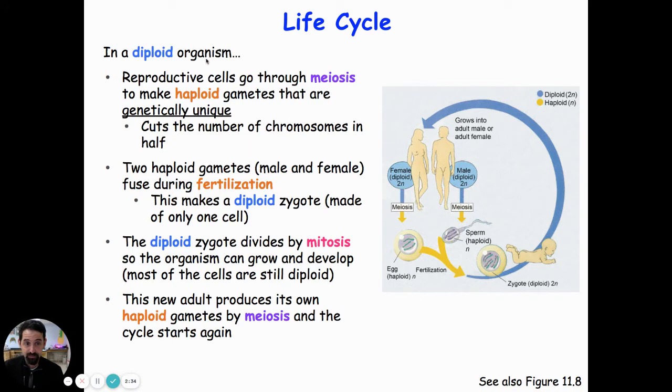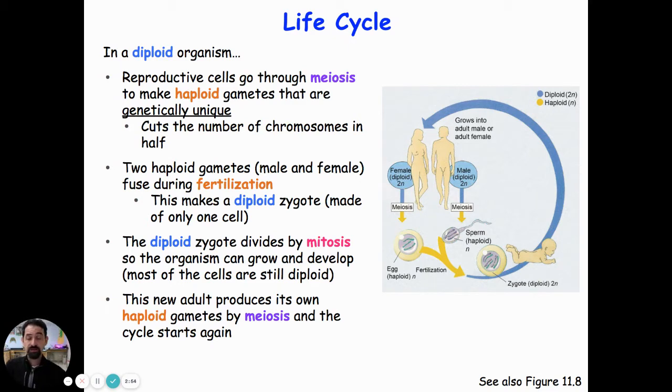So in a diploid organism, i.e. us, those reproductive cells go through meiosis to make haploid gametes that are genetically unique. This cuts the number of chromosomes in half. So that means for humans, in a haploid gamete, we would only have 23 chromosomes.